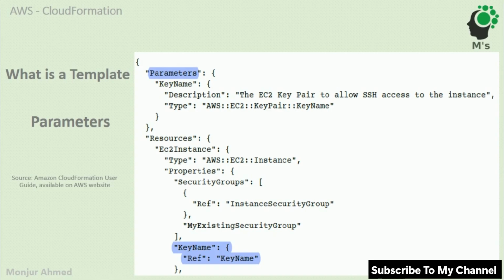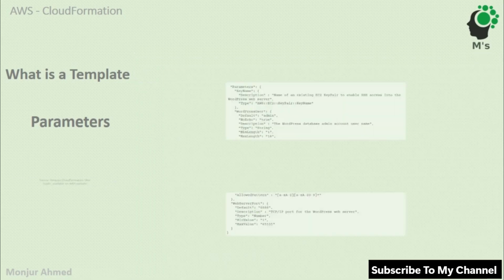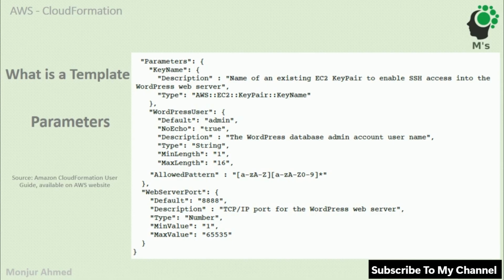If we keep moving on, we look into another example, which is again a bit of an elaboration of the previous one. Here the only difference is that you have parameters, key name, and you also have a parameter for, let's say, a WordPress user if it is for a WordPress website.